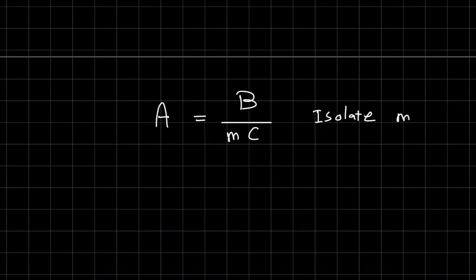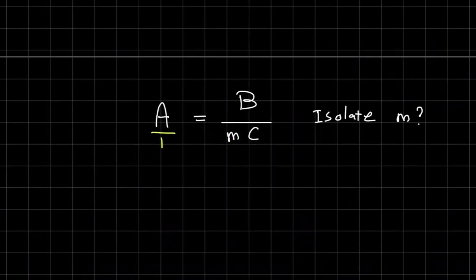So if you have A equal B over M times C, and I ask you here, isolate M. How can we isolate here M? I think it's very easy if we just cross multiply.